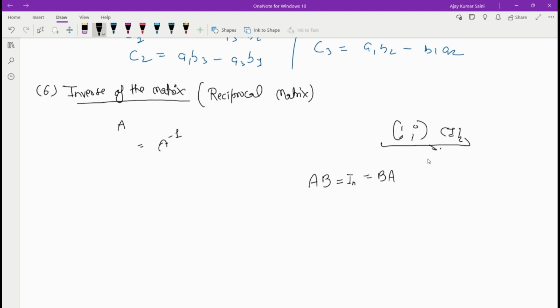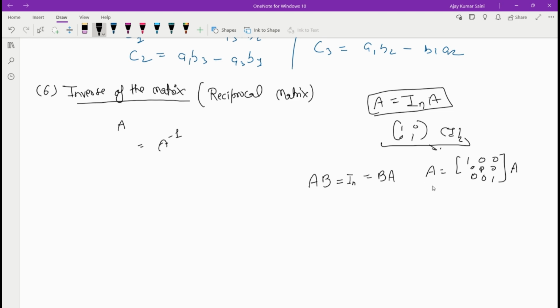We write A is equal to IA. We take A, and we take I next to it. Suppose it is a 3 by 3 matrix A.